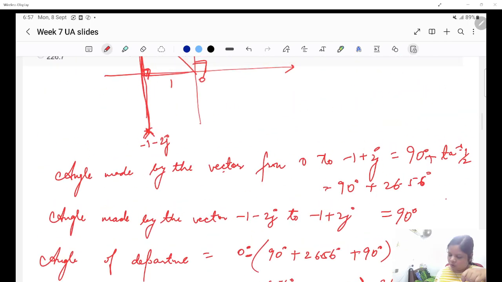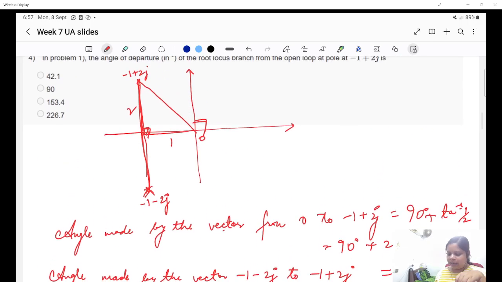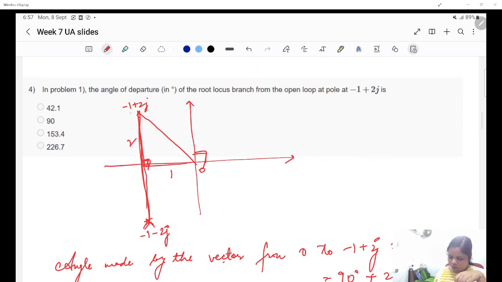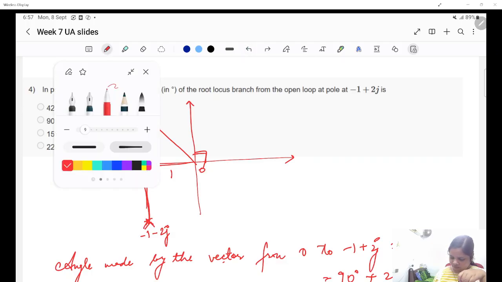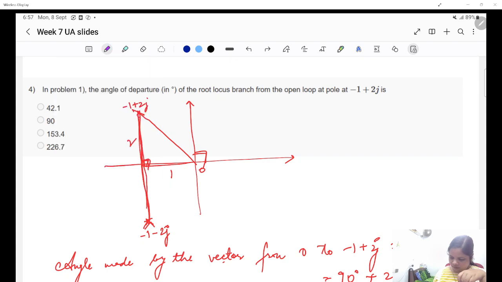Okay. So what it says is the angle of departure from this pole is at 153 degrees. So from here it is 90.